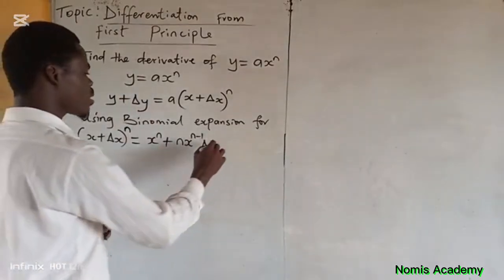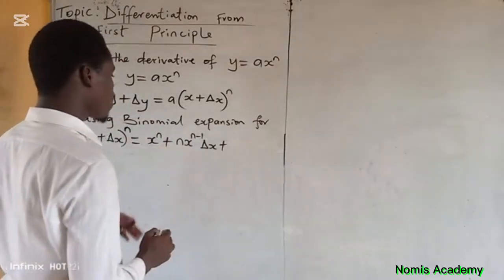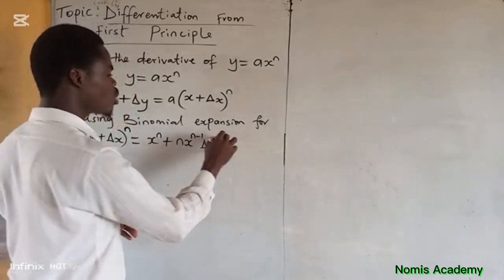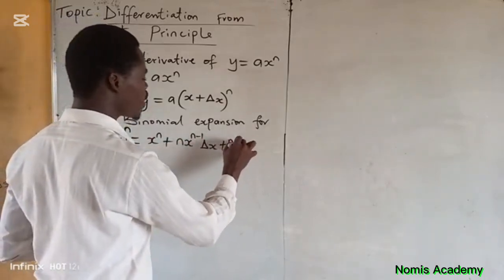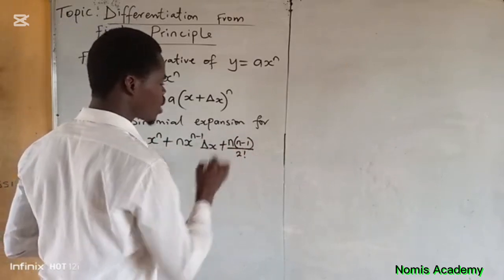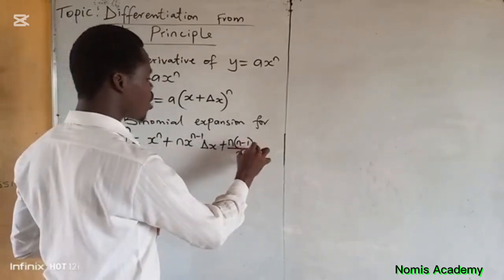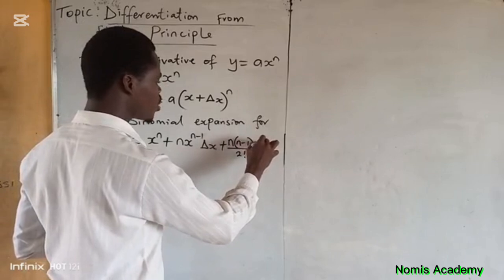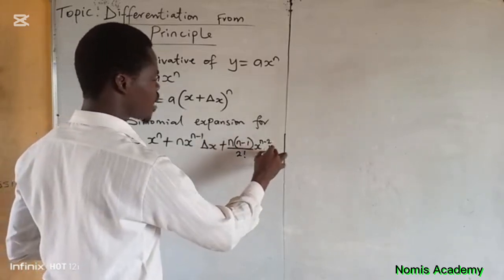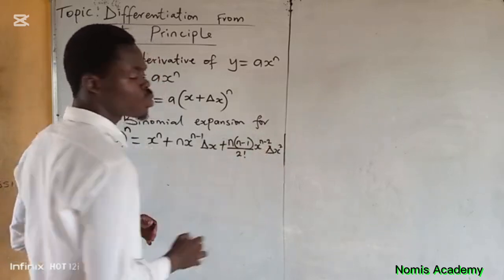Now going to the third term, the coefficient for that term is going to be n into n minus 1 all over 2 factorial. Now the power of x decreases to n minus 2, and then delta x increases to 2.